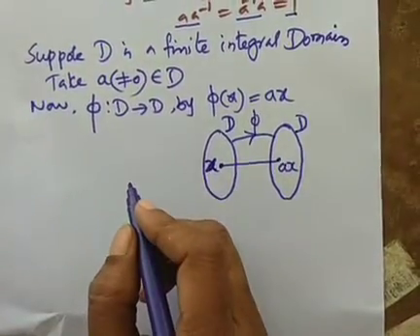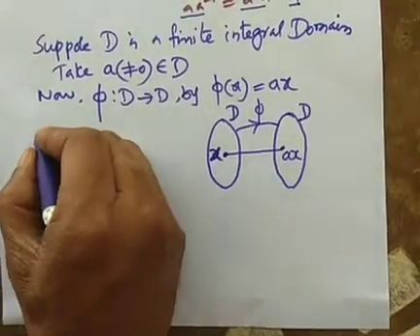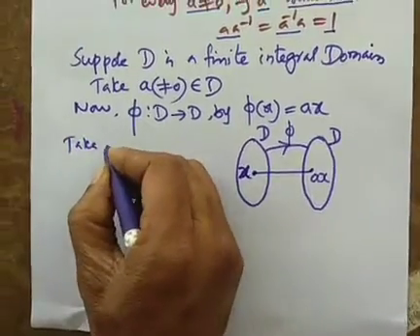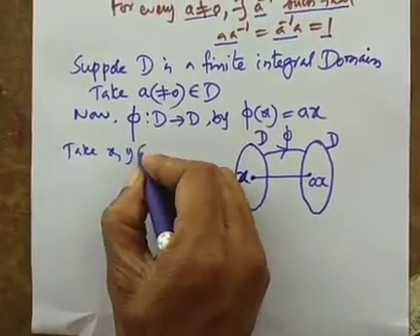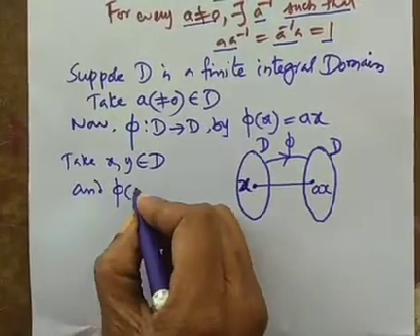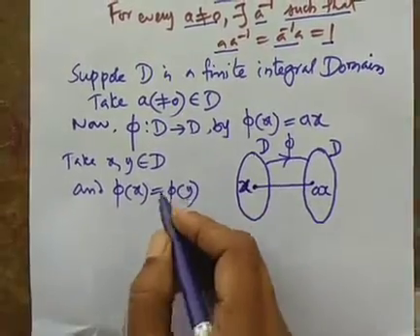We now prove that pi is one-to-one. Take x, y belonging to D and pi of x = pi of y.